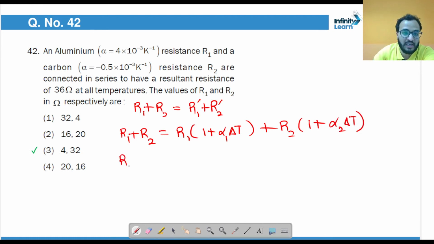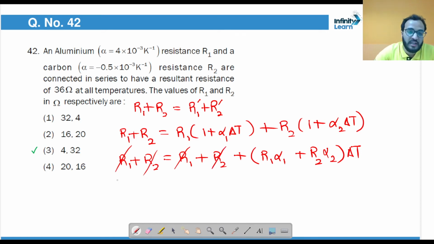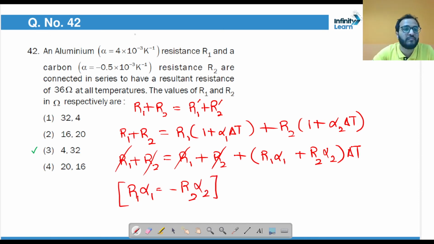So we can say that R1 plus R2 is equal to R1 plus R2 plus R1 alpha 1 plus R2 alpha 2 into delta t. Now obviously they will get cancelled and you will say, sir, R1 alpha 1 is equal to minus of R2 alpha 2. This is the case, right?